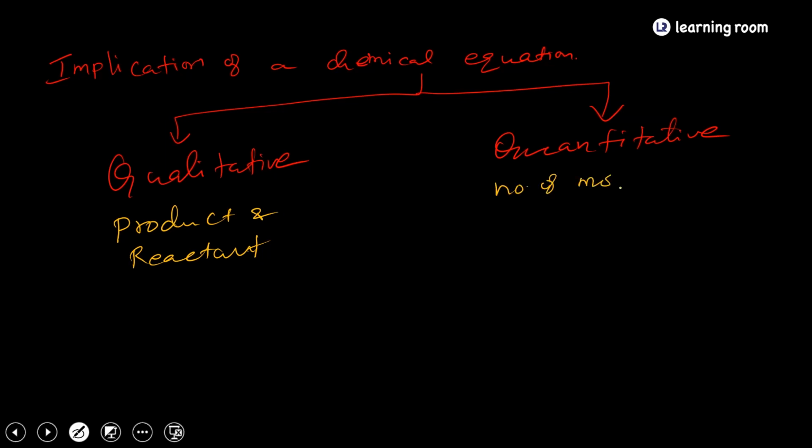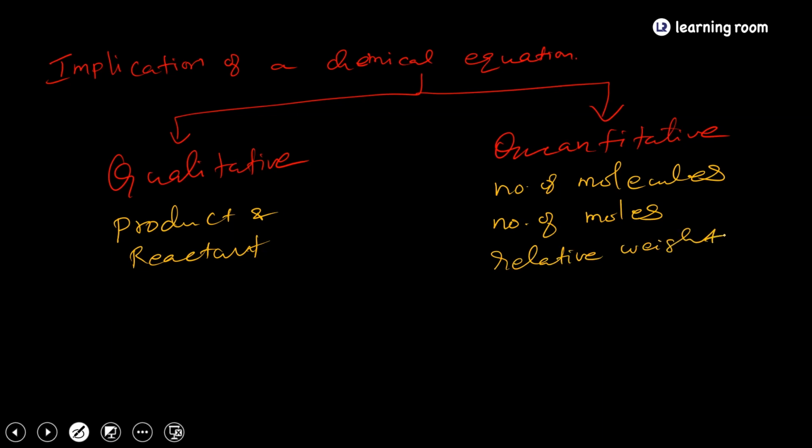And then quantitative information gives the number of molecules of reactant and product, and then the number of moles of reactant and product, and then it expresses the relative weight of reactant and product, and then it expresses the volume of the gas and product.